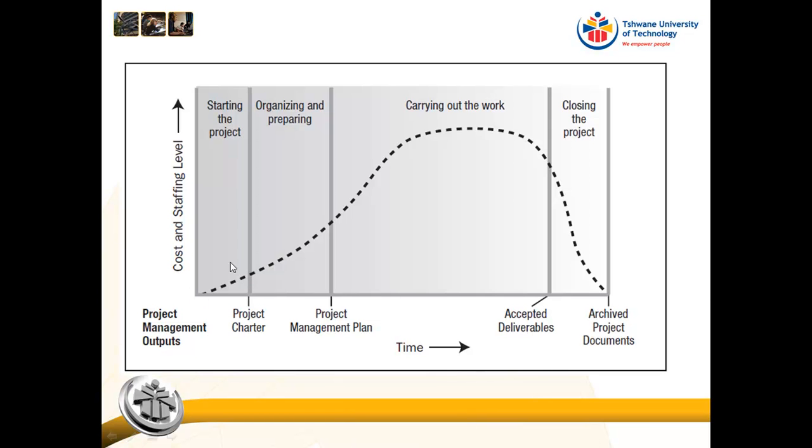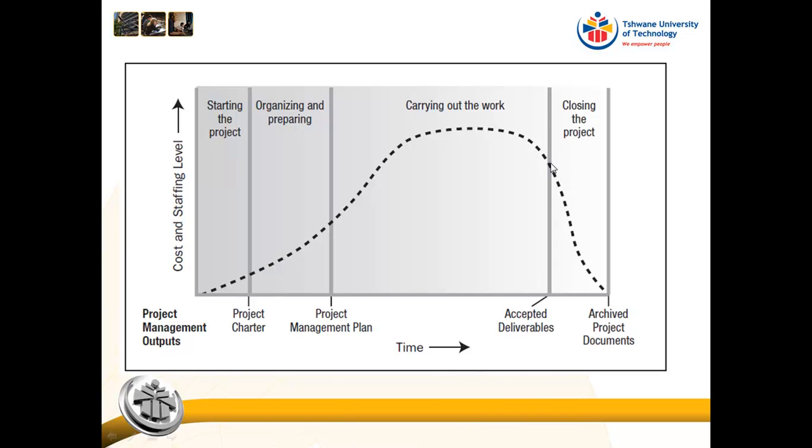So in other words, we haven't really spent a lot of resources at the end of the initiation when we have the project charter. Then we go into the organizing and preparing, or the planning phase, and the output of that is the project management plan. And you can see that we need more resources here, and we expend more resources here than what we did during initiation. But you will see that carrying out the work or the execution is where most of the project resources are expended.